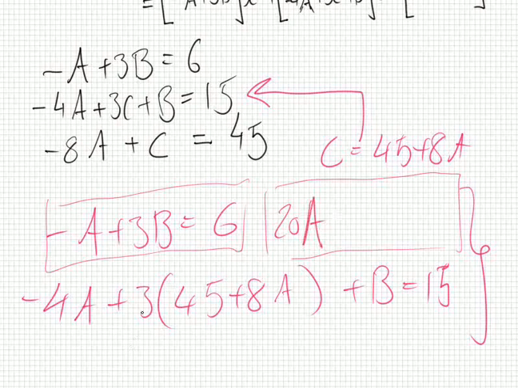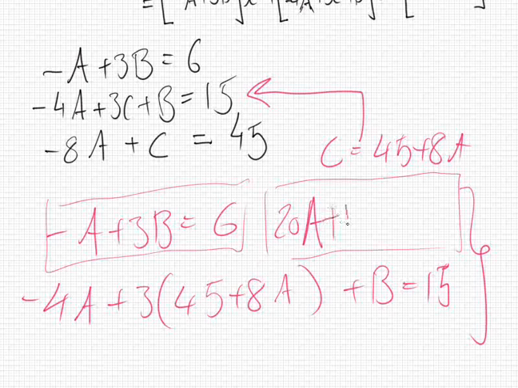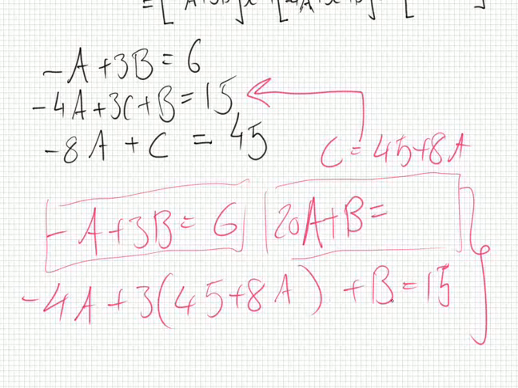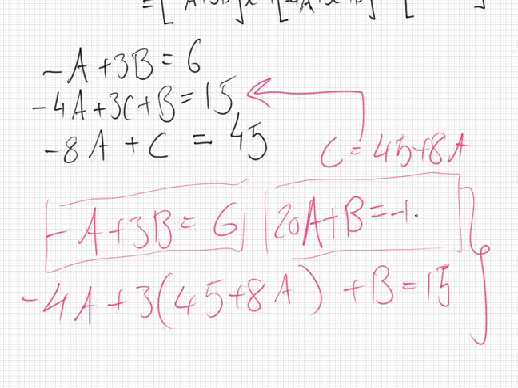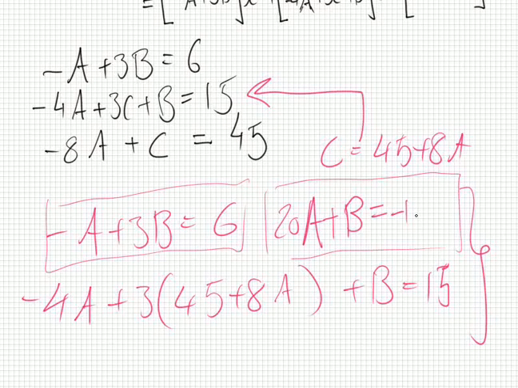Now, how many numbers? 3 times 45 is 135. Oh, sorry, I should do the b's next. How many b's? Just b. Okay. And then 135, I bring it to the other side, becomes minus 135. 15 minus 135 is minus 120.